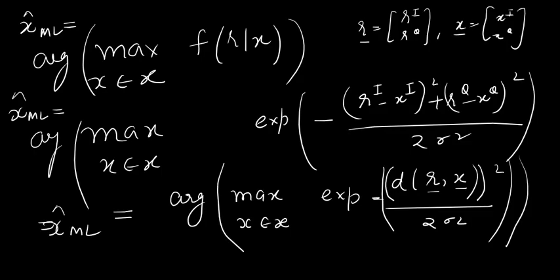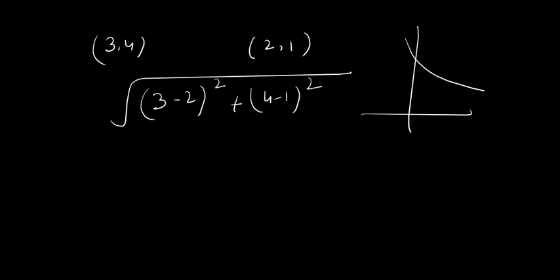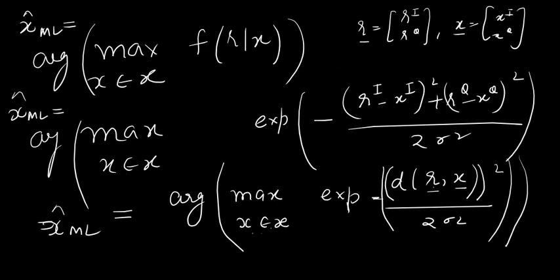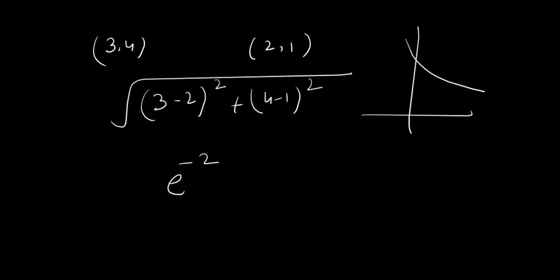Whatever r you have received, you just need to find the distance of that r from all the possible x. But there is an exponential here. Exponential of minus is a decreasing function, yes or no? Because it is exponential of minus of this, if you want to maximize it, you have to minimize this exponent. Because e to the power minus 2 is greater than e to the power minus 3.